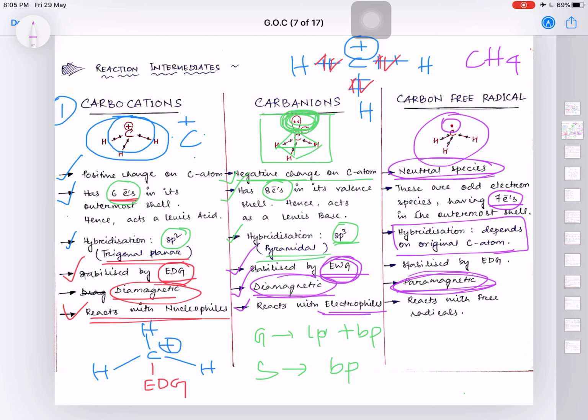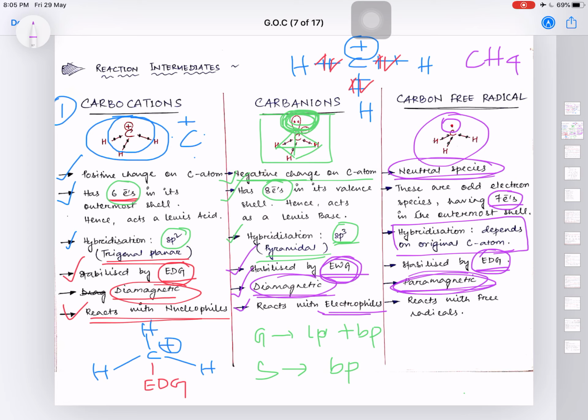If a free radical is formed from, say, ethene, then its hybridization will be sp2. Whatever the hybridization of the original compound, the same will be reflected in the free radical. It is also an electron deficient species because it has 7 electrons, and according to the octet rule an atom should have 8 electrons in its valence shell.